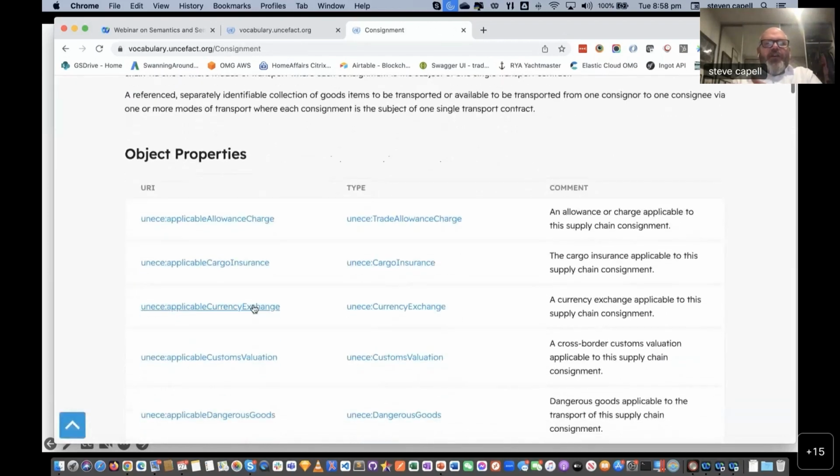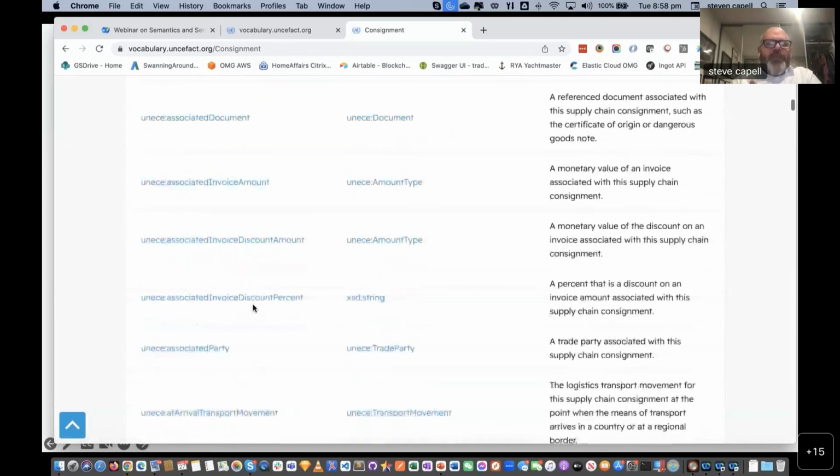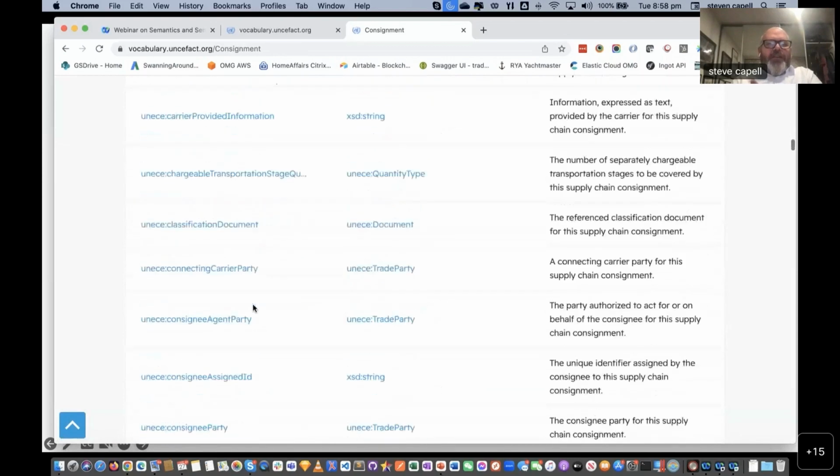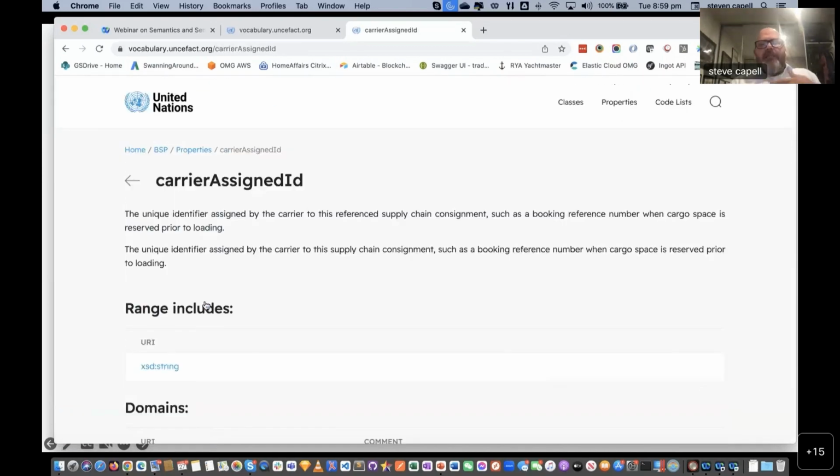But here you can see all the UN/CEFACT designed properties of a consignment and look at the meaning of them. And all of them have a URI anchor. So these are all tags that can be attached to any data in order to understand it and browse it at your leisure, but it's all machine readable and downloadable.